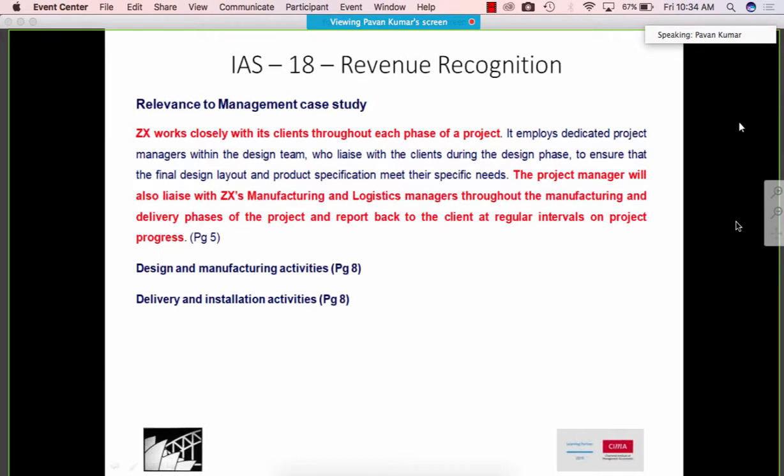But there is no mention of any warranty or service post. There is no warranty. However, there is a mention in the case study that these watches need regular servicing. Probably the warranty is equivalent to service, or the pricing includes service as well. Did I answer your question, Mohammed?